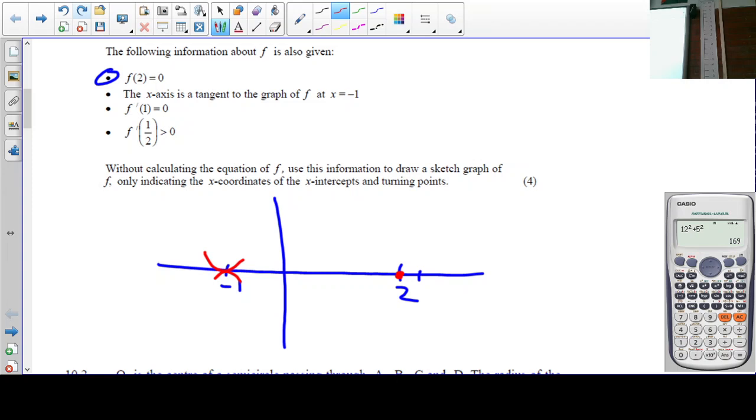F prime of 1 is 0, the turning point is at 1. And f prime of a half is positive, which means the gradient is positive at a half. So the graph has to go up, then down. And there's the graph of f of x. Any confusion? Very simple, huh?